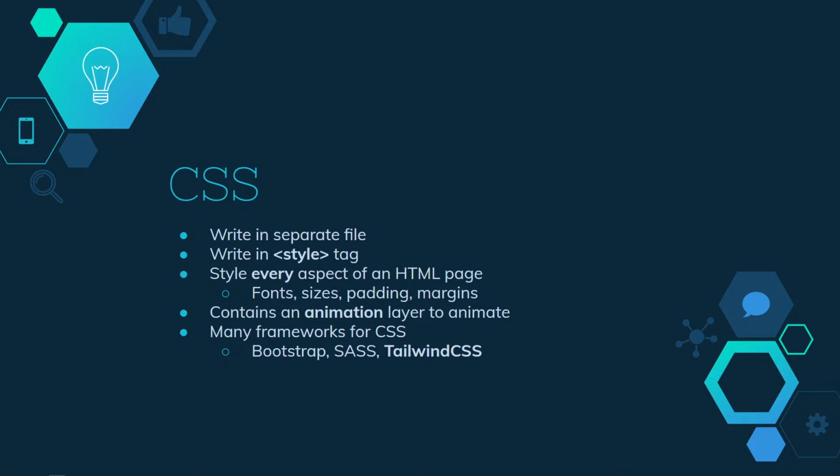And then there are many frameworks for CSS. There's something called Bootstrap. Maybe a lot of you guys have probably heard of this. A lot of people talk about, oh, we just bootstrap it or whatever. That's what they're talking about. Sass, an object-oriented way of writing some CSS. That's pretty dope. And then Tailwind CSS, which is what we're going to be focusing on after I go through the CSS, just to show you some of the basics.